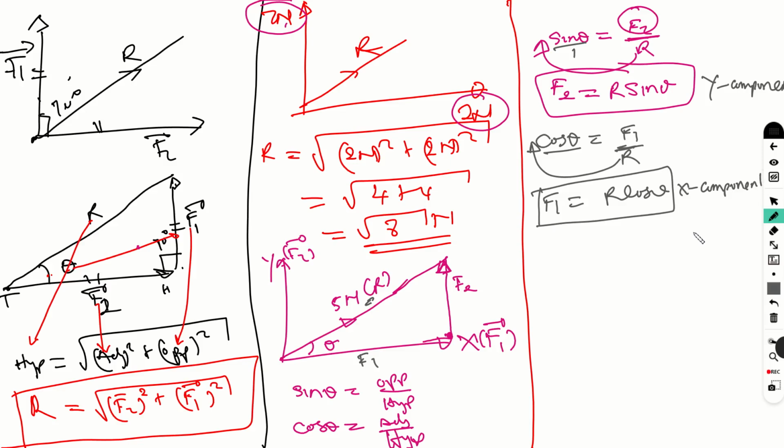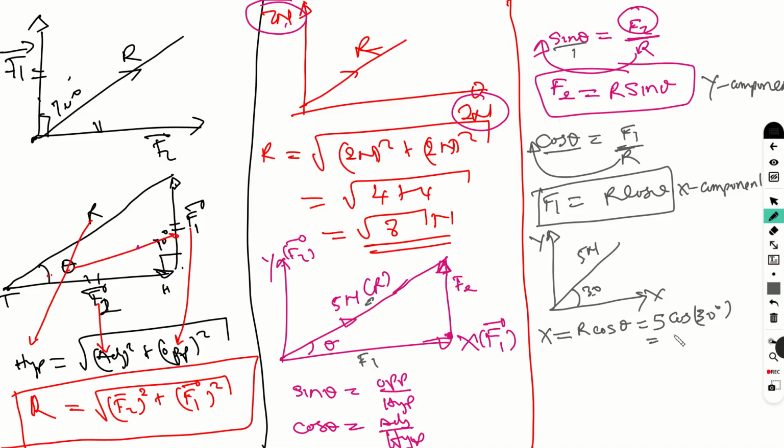So now, if we look at it very well, we can look at an example. If I have this is my x and this is my y, and this one is 5 newtons, and this angle here is 30 degrees. So what is x? Your x value will be equal to R cos theta, which is 5, cos 30 degrees.